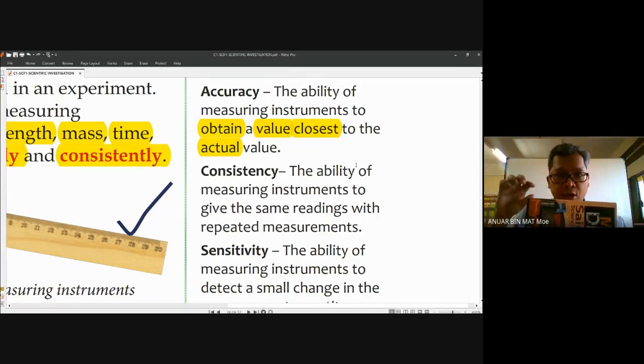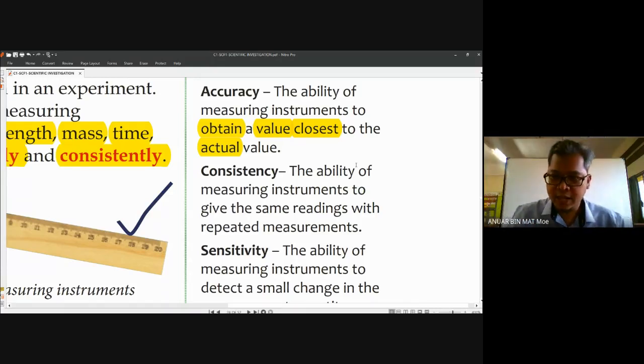You're supposed to obtain the same, closest value, at maybe 26 centimeter. This is what it means by accuracy.